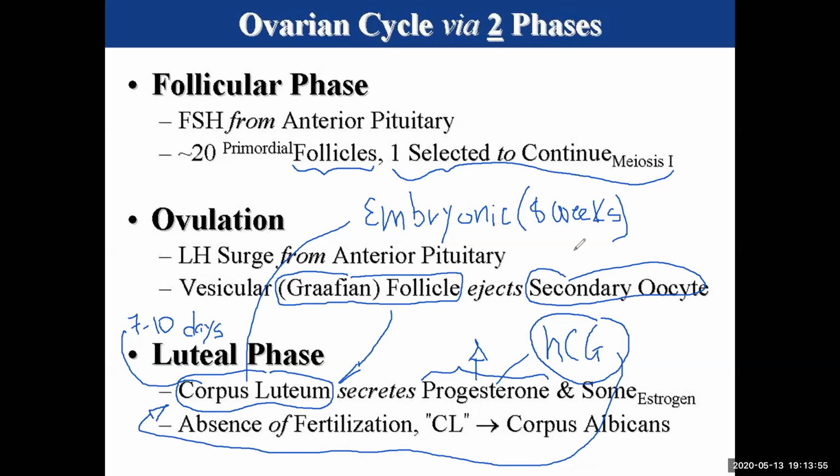But in the first 8 weeks, during embryonic development, that embryo is being fed and maintained by the corpus luteum, whereas the placenta maintains the development of the fetus from week 9 to week 39.